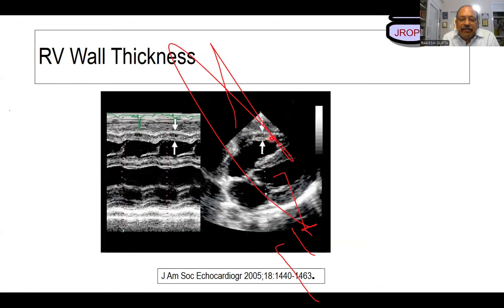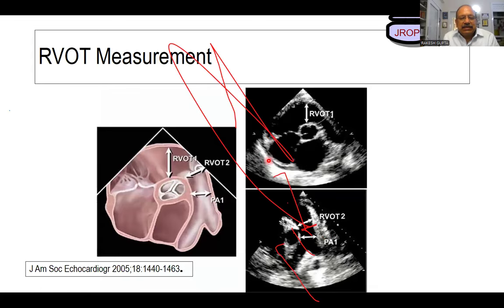You measure the RV free wall thickness during diastole, not in systole, and this is at the level of mid RV. Normally it's up to 5 millimeters thickness.